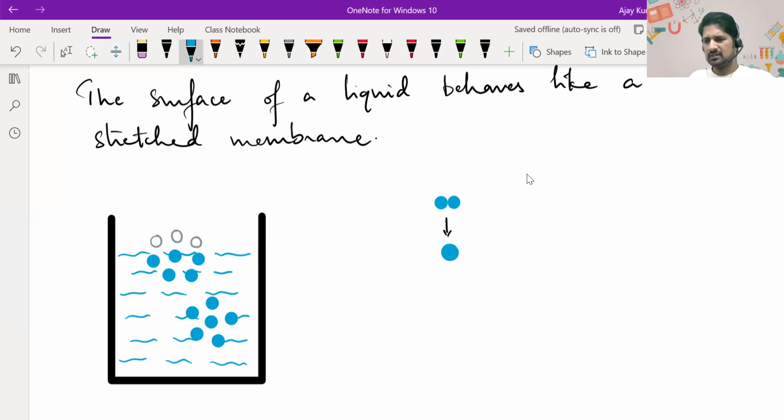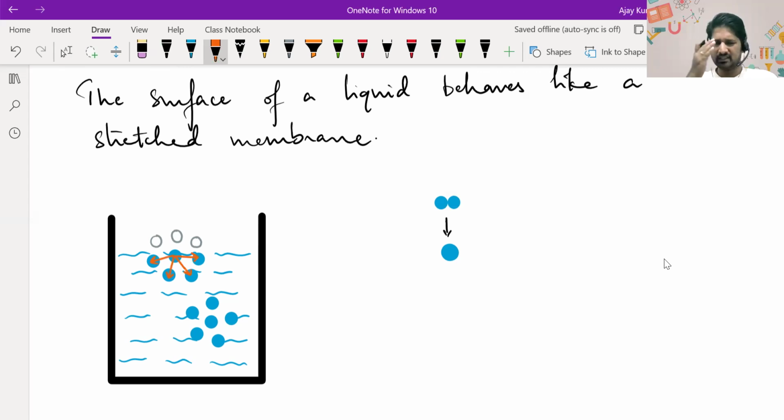So this suggests that liquid molecules want to stay together. Want to stay together means they have some attractive force among themselves. Now observe the forces experienced by the molecule on the surface and the molecule in the bulk of the liquid. The molecule on the surface is surrounded by like molecules only on one side.